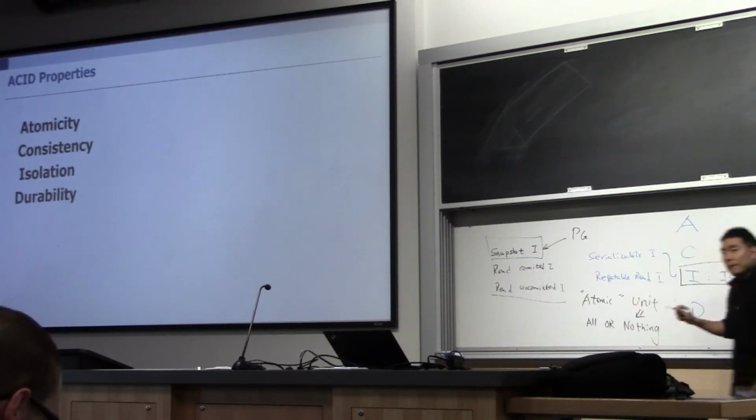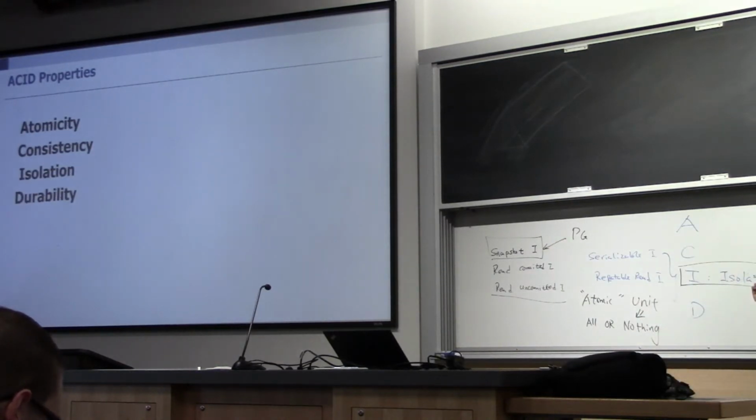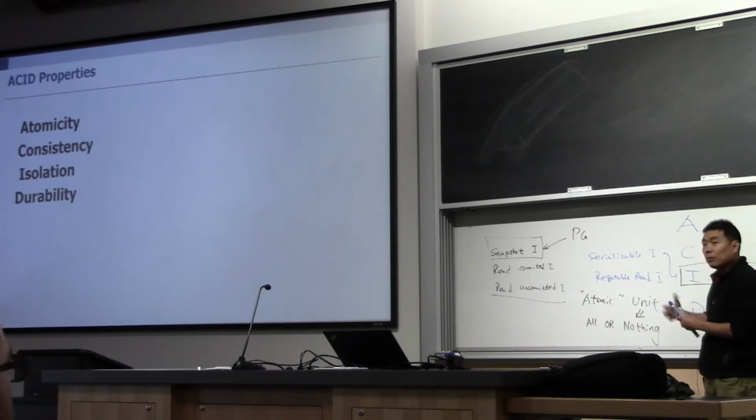This all or nothing requirement brings up the other 2 properties in transactions. One is atomicity.